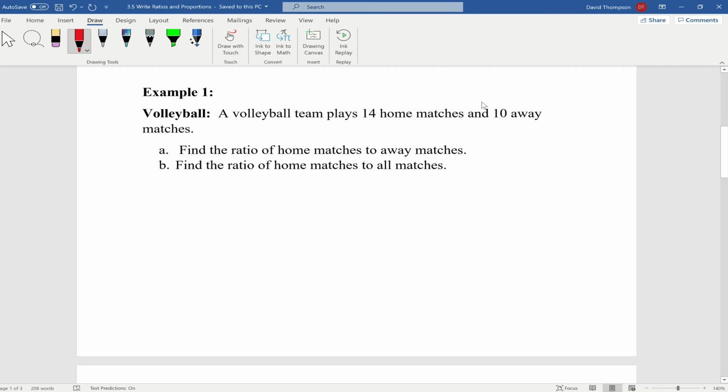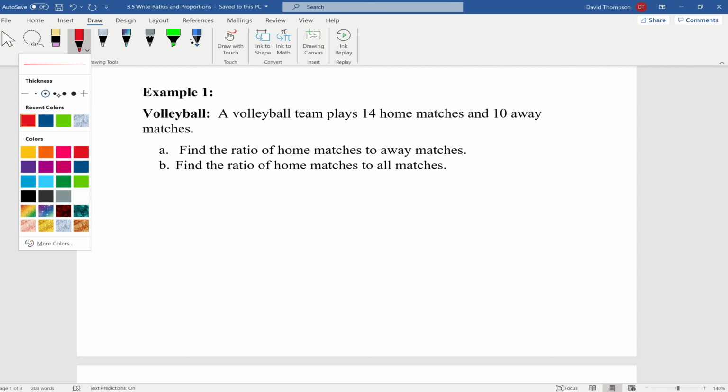Example 1. Volleyball. A volleyball team plays 14 home matches and 10 away matches. Find the ratio of home matches to away matches and find the ratio of home matches to all matches. So let's do part A first.